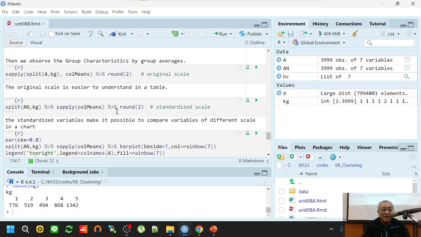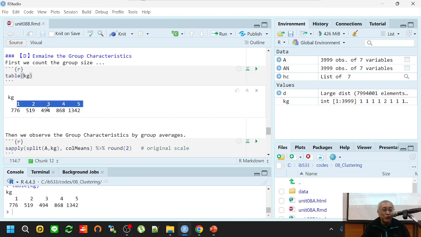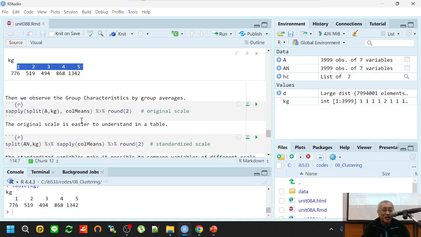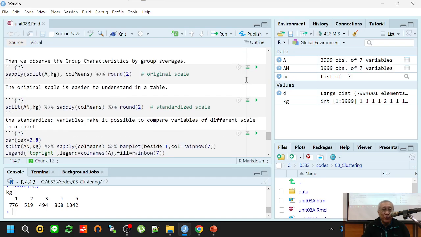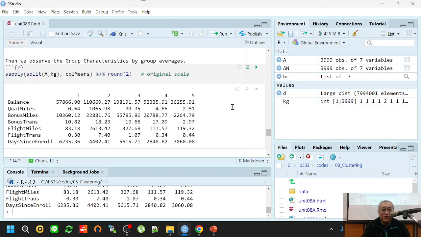Now, after we do this clustering, the next thing we want to do is observe the characteristics of each group, right?